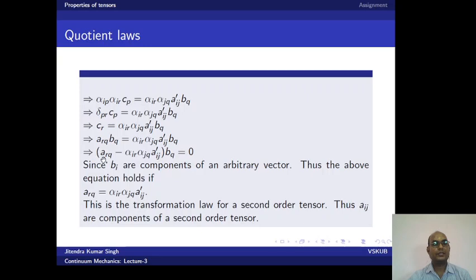So we can write arq minus alpha ir alpha jq aij dash bq is equal to 0. Now since bi are the components of an arbitrary vector, this expression holds if and only if arq is equal to alpha ir alpha jq aij dash. So this is the transformation rule for a second order tensor, thus aij are components of a second order tensor.